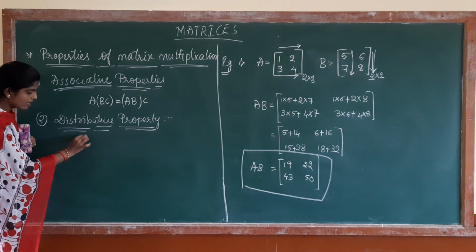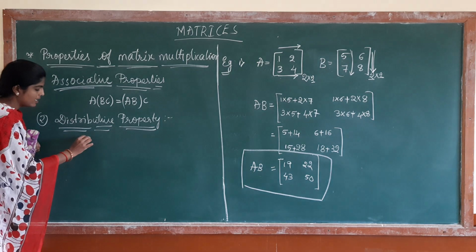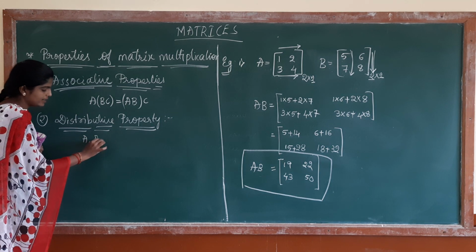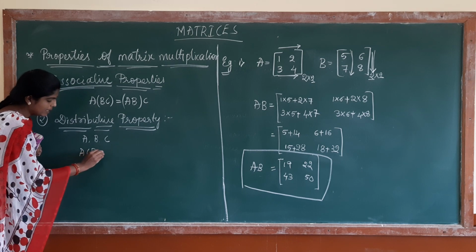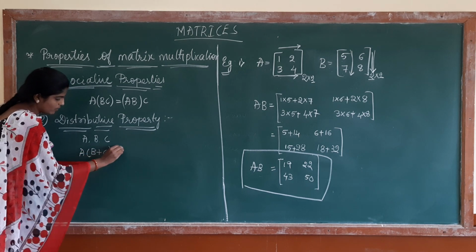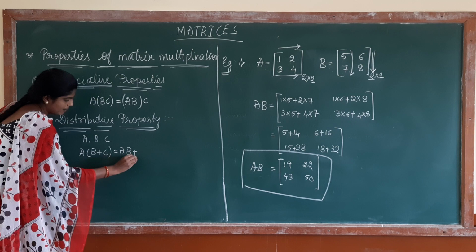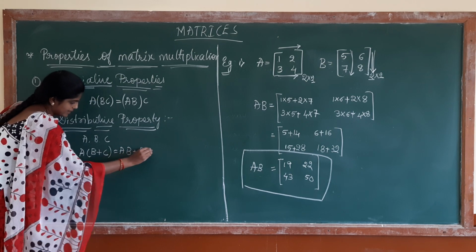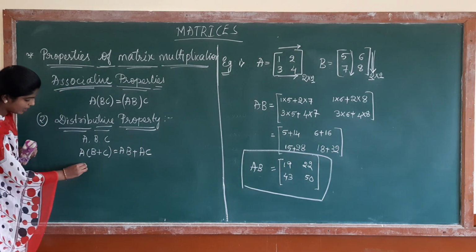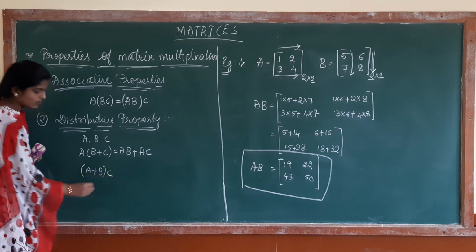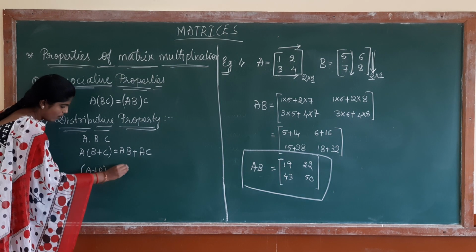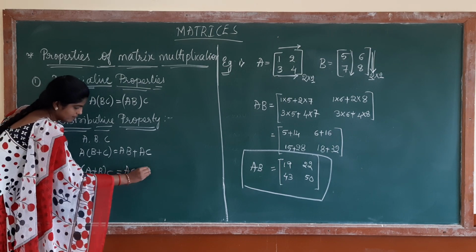If you consider three matrices A, B, C, then we have A into (B plus C), which is equal to AB plus AC. If you consider (A plus B) into C, we have AC plus BC.